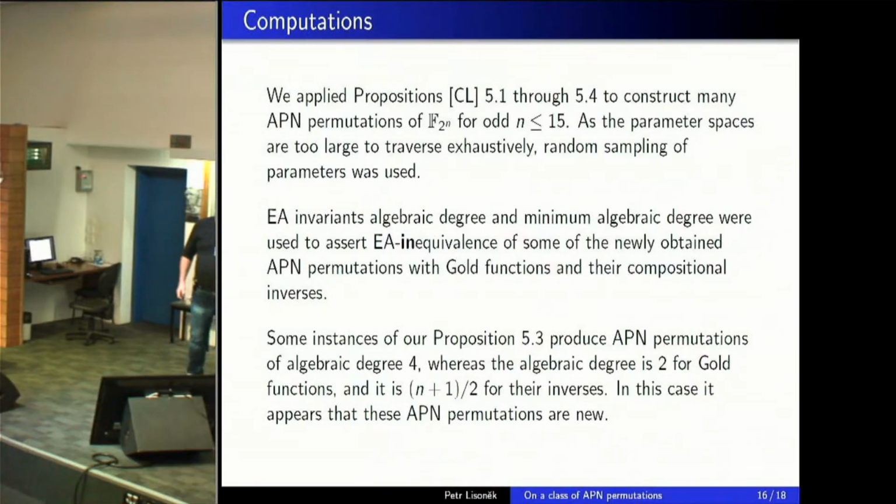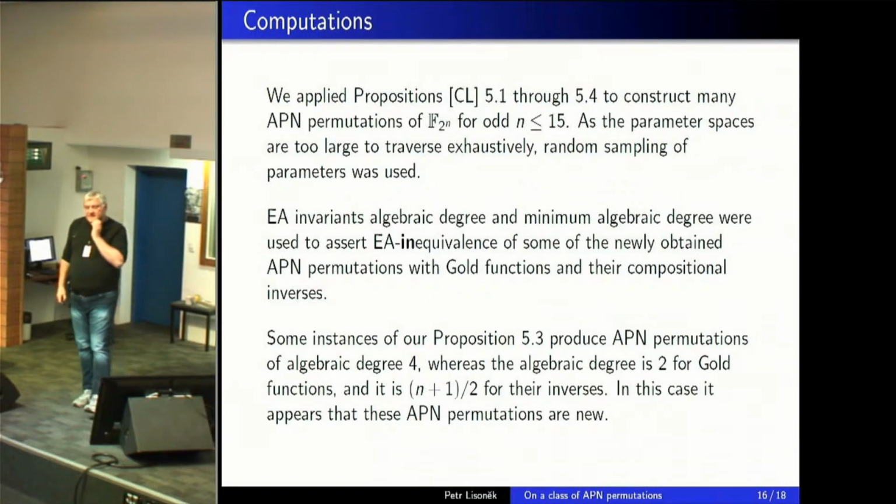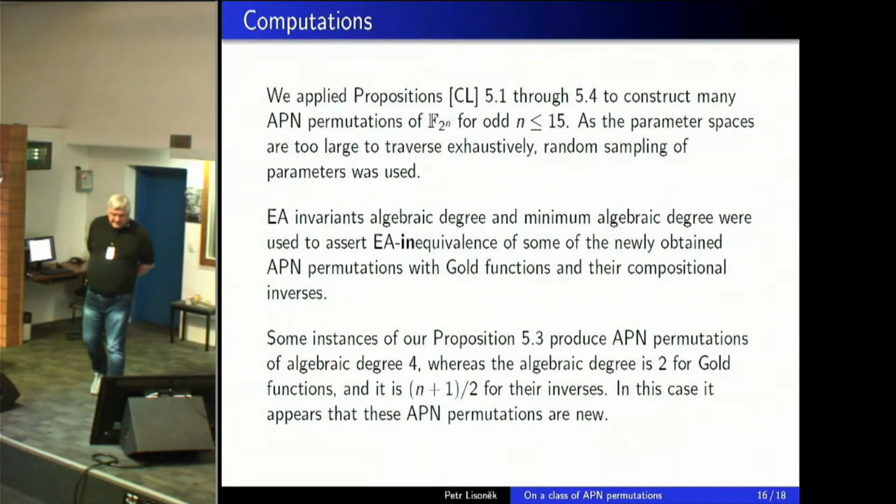As I said, I did some computations with these propositions from the 2022 paper in odd dimensions up to 15. Because the parameter spaces are very large, I sampled the parameter values randomly, because it was not possible to exhaustively check all possible parameters.